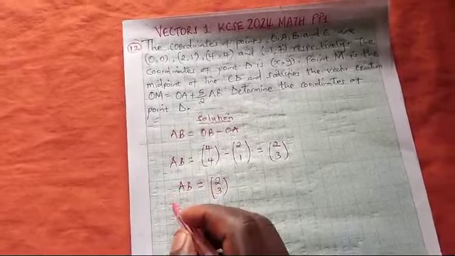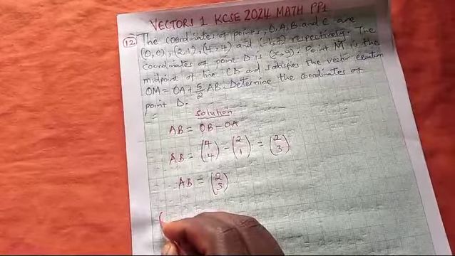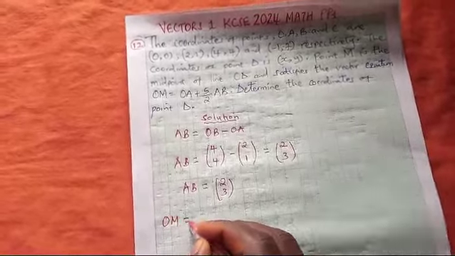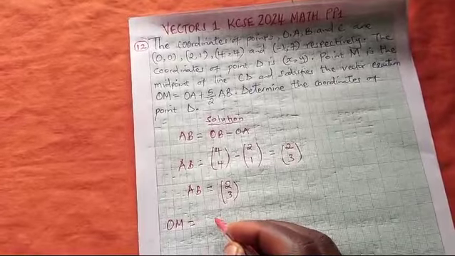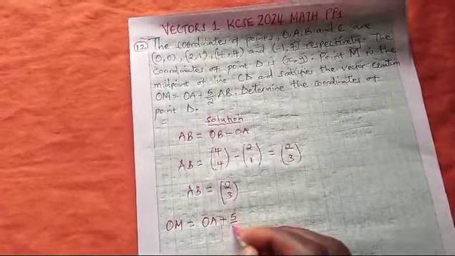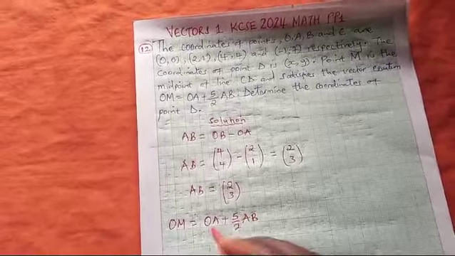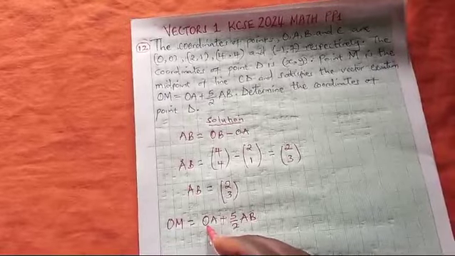The next thing we want to work out is OM. From the question, OM is OA plus 5/2 AB. We already have our AB and our OA.